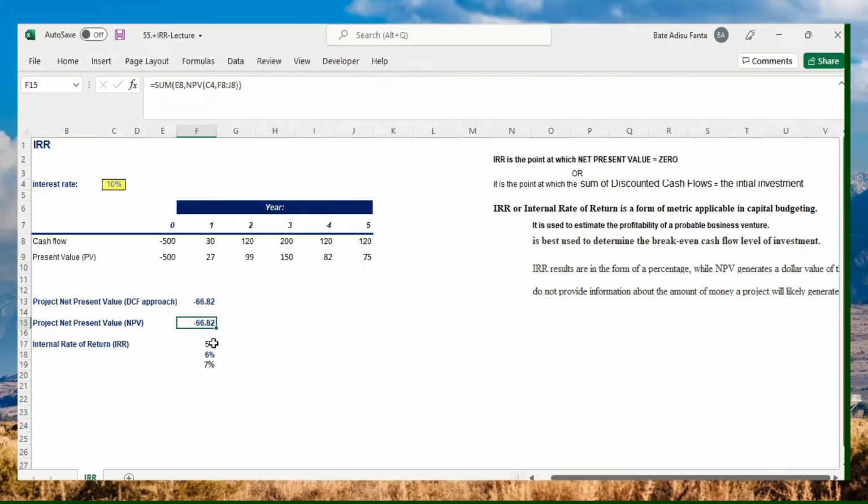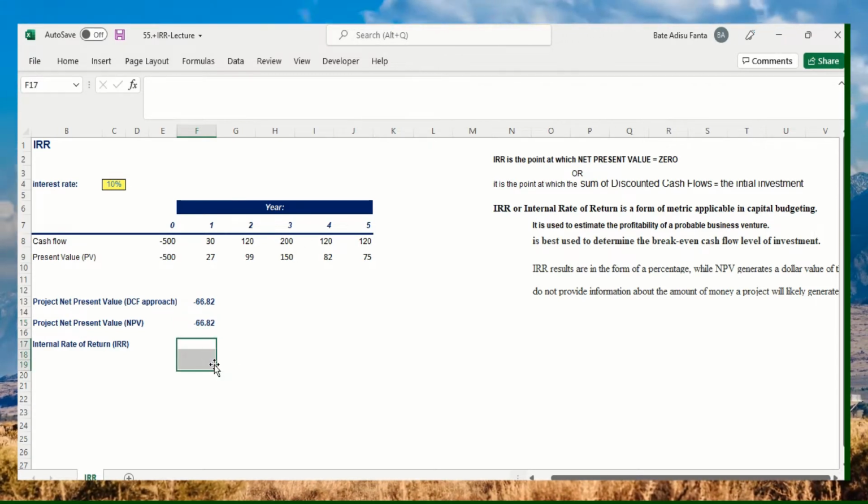Let's calculate internal rate of return. As I said, with internal rate of return, we'll calculate the rate, not the dollar value. The rate at which the net present value is equal to 0. Excel has its own inbuilt formula.